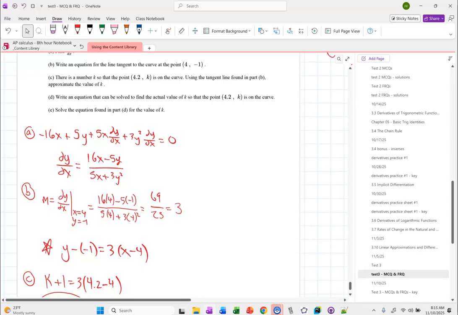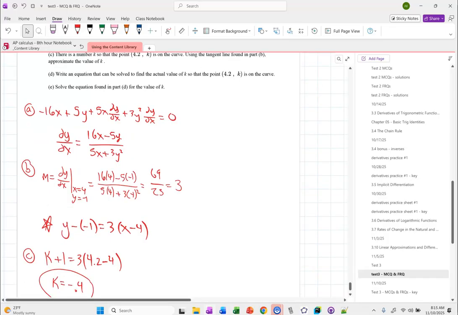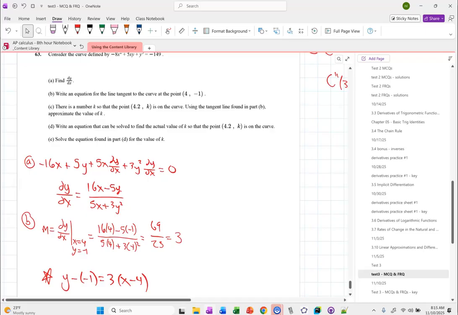Part D, it says, write an equation that can be solved to find the actual value of k so that the point 4.2 comma k is on the curve. How would I do that?